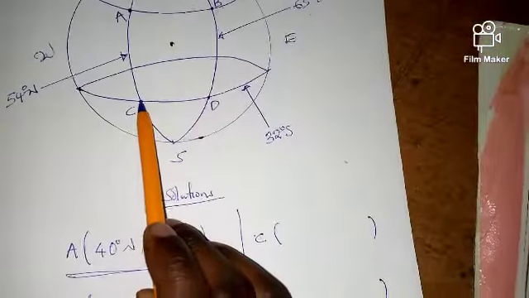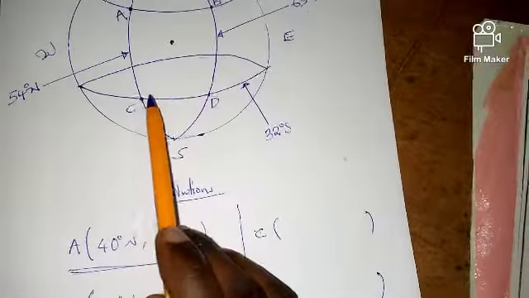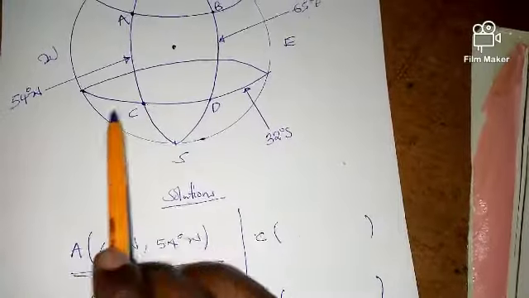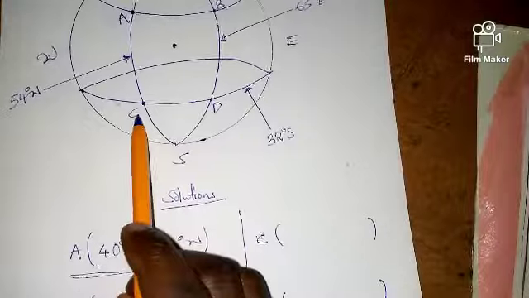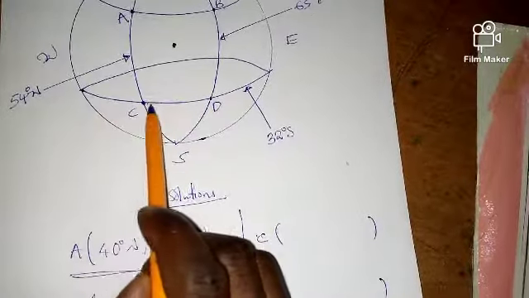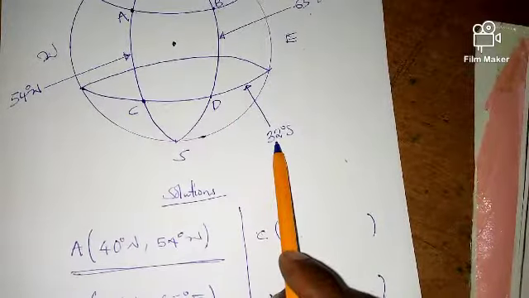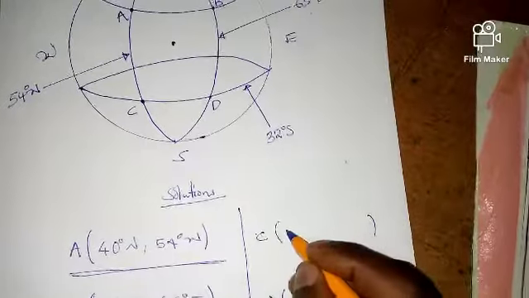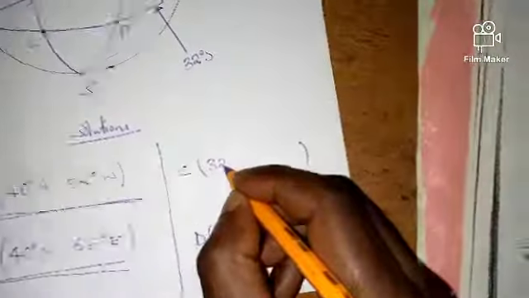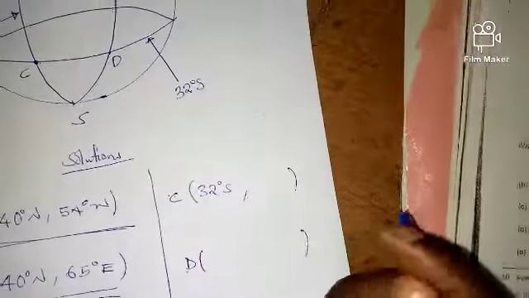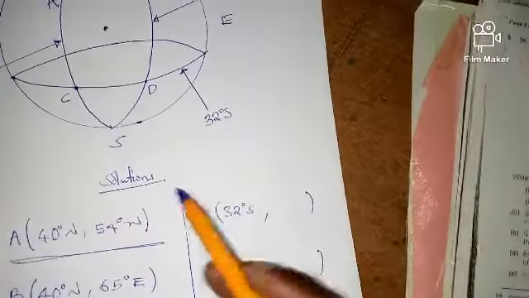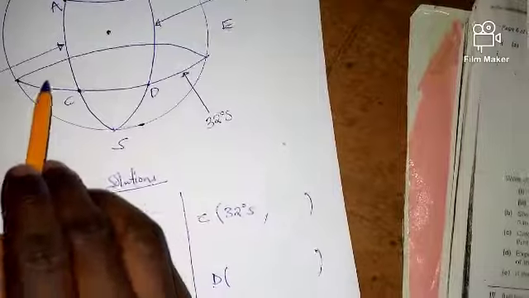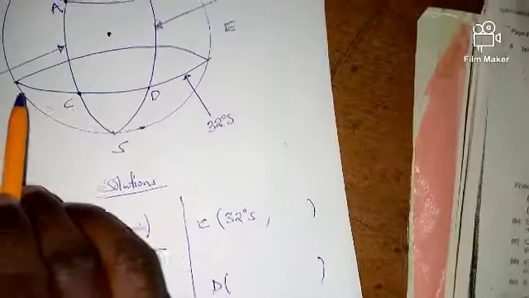Identify point C. Point C is right here. Now, remember the format is you start with the latitudes, then you go to the longitudes. So in this case, C is lying on this latitude here, which is exactly 32 degrees south. So I'm going to write 32 degrees south. Then I'll say comma. Then the second thing is to identify where point C or town C is lying in respect of longitudes.